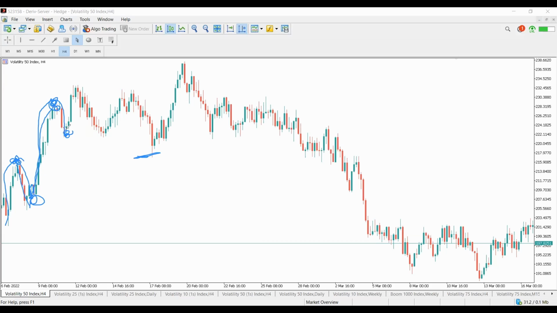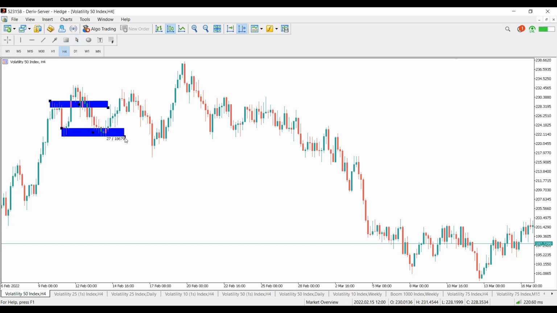So the market created this turning point here and then pushed up, created a high, and then broke down. Just look at the rules that we have been studying. Let me clear this and try to mark using the rectangle. The market came up, came down, created this turning point here. The market went up, broke this previous turning point. Are you seeing? It created this head and broke back down. So we came back here.